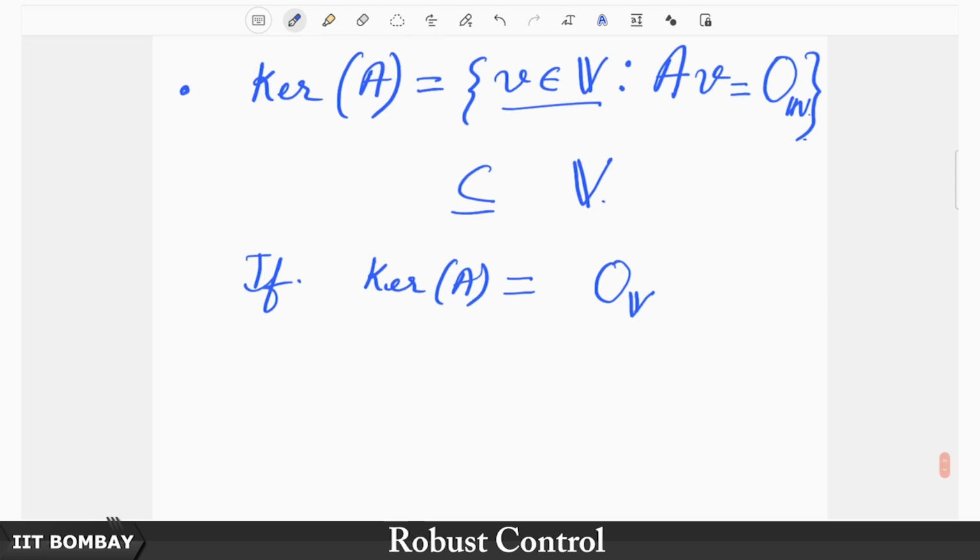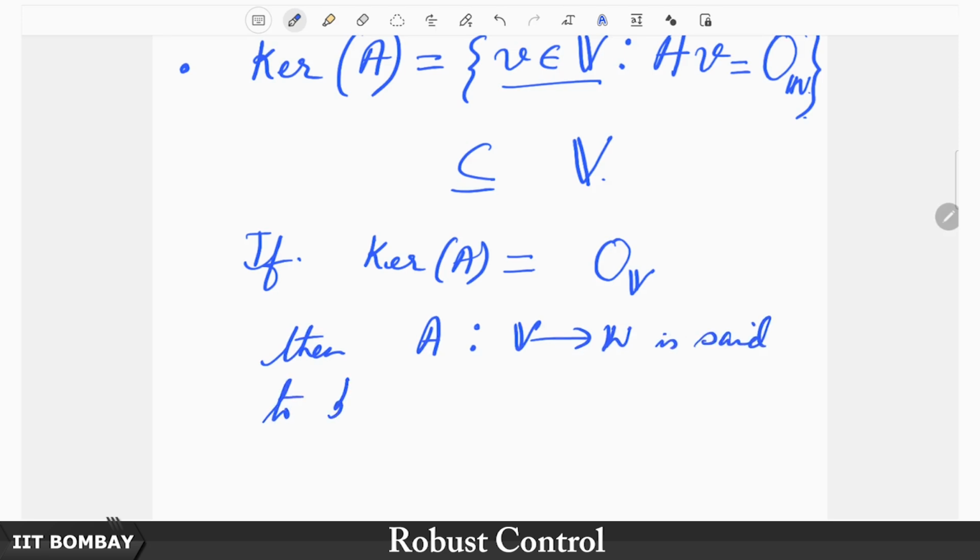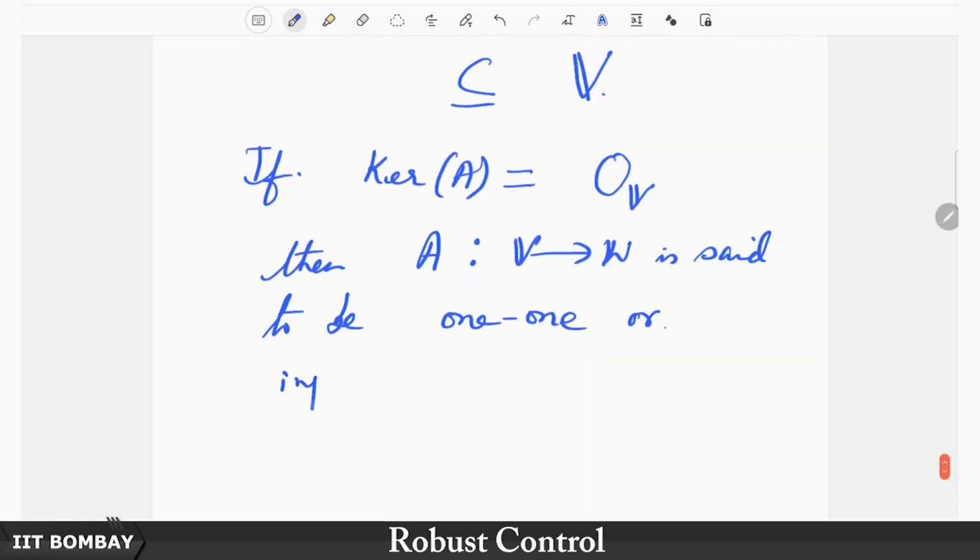So, if the kernel of a linear map is just the 0 element in the domain, then A from V to W is said to be 1 to 1, or the other name, injective.